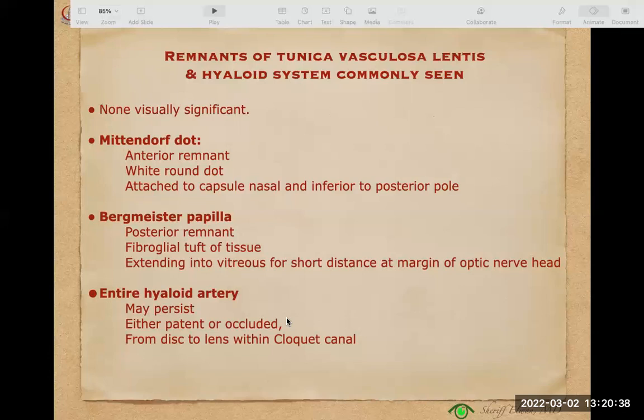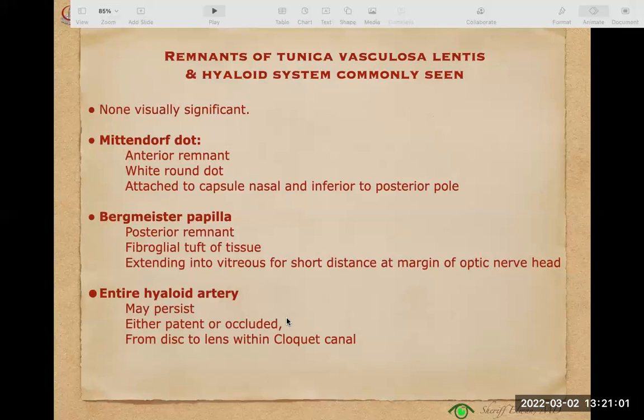We'll see later on the hyaloid system, and the entire hyaloid artery, which extends from the optic disc to the posterior pole of the lens, may persist, and then it will be called the persistent hyaloid artery. It might be either patent or occluded.